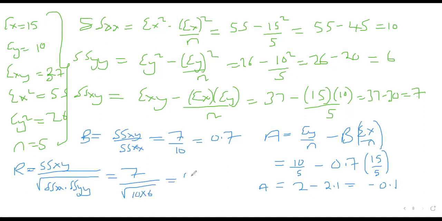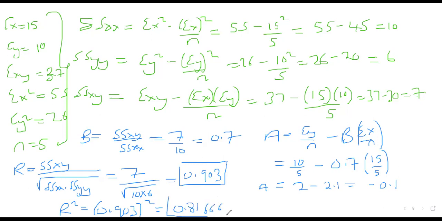When you compute that, you get 0.903. And when you square that, you simply get our R squared, 0.903 to the power 2, to give you 0.81666.